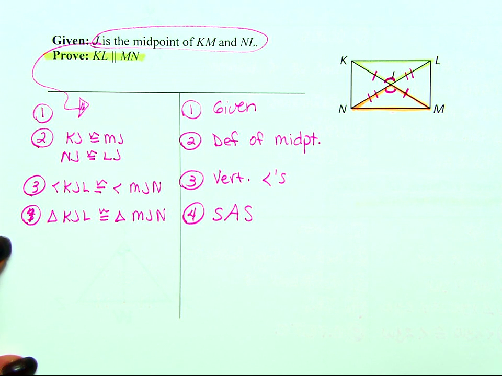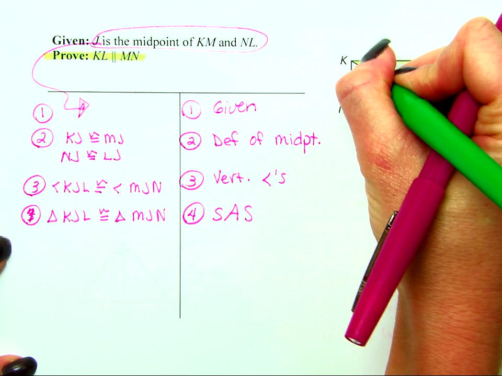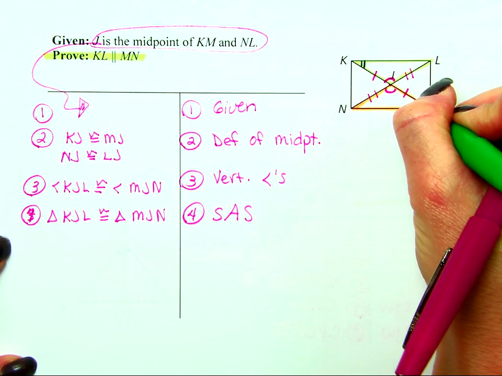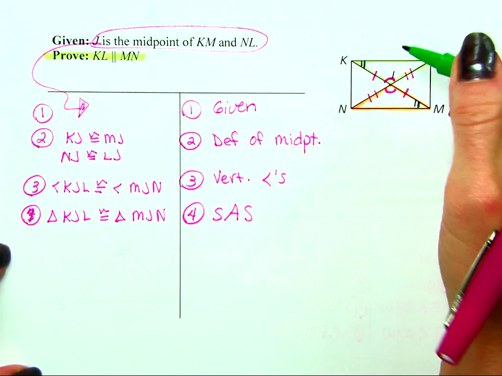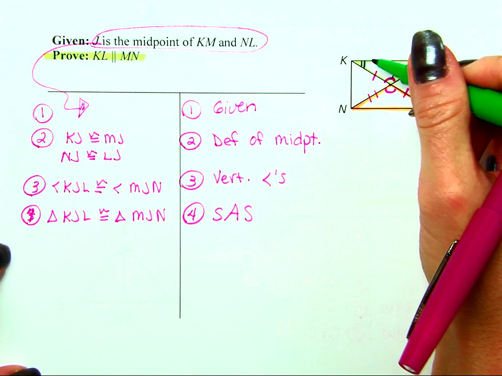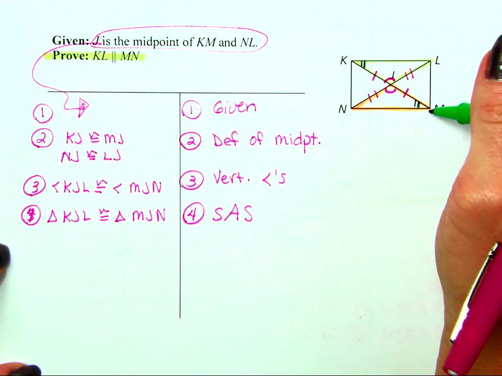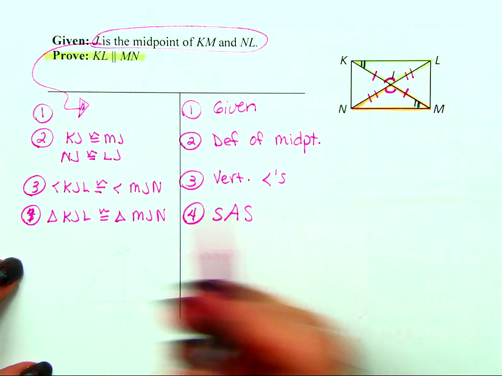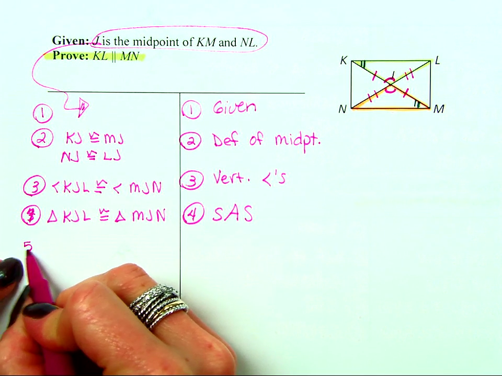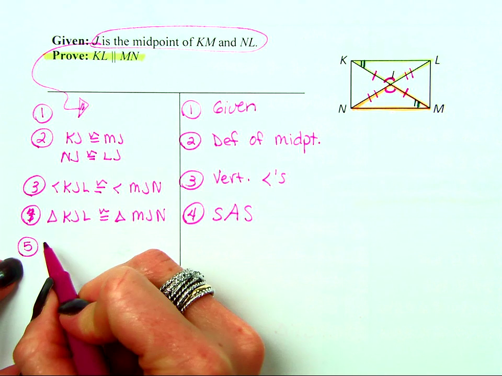There's a couple sets, but let's just take a look at using this angle here and this angle here. They correspond. The angle here at K and the angle at M would be corresponding, and so they would have to be equal.